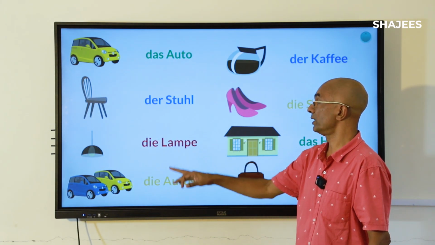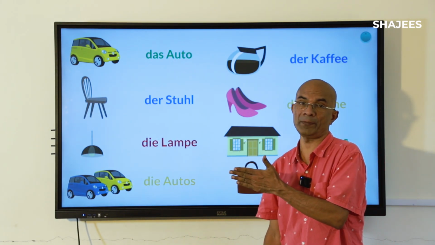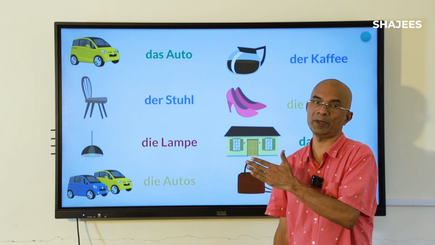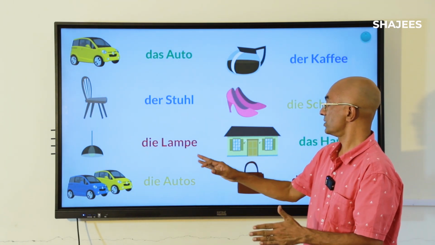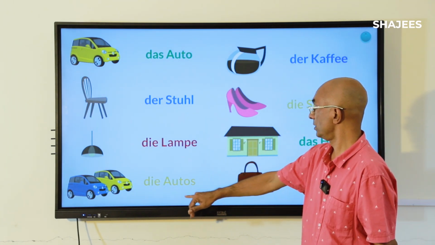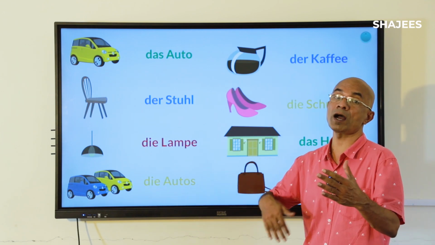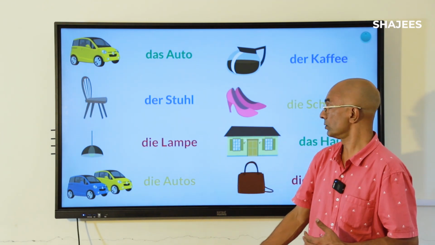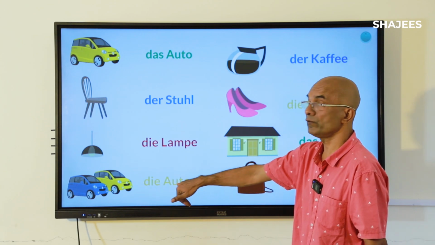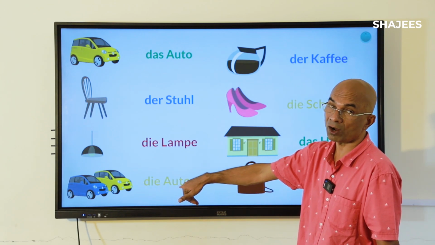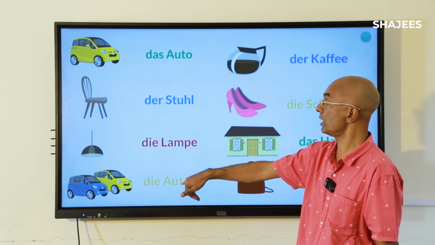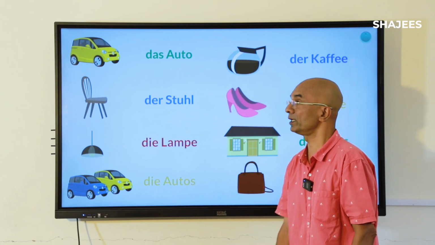Here, we call it meine Lampe. Meine Lampe, deine Lampe, seine Lampe. Or for Autos, that is a plural. Okay, that is unser Autos. So here we have unsere Autos, unsere or meine Autos we call it.